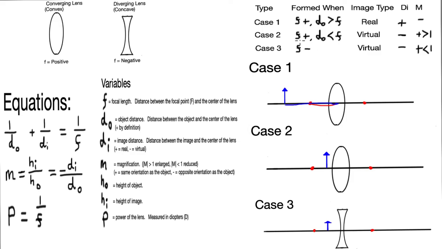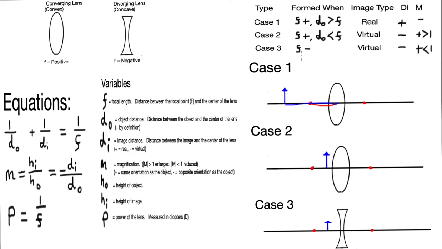In case number 2, we have the same thing. It's a positive focal length, so it's a converging lens, but this time the object is less than the focal length. As you can see in case number 2, the object, this arrow, is inside of the focal length because it is shorter.